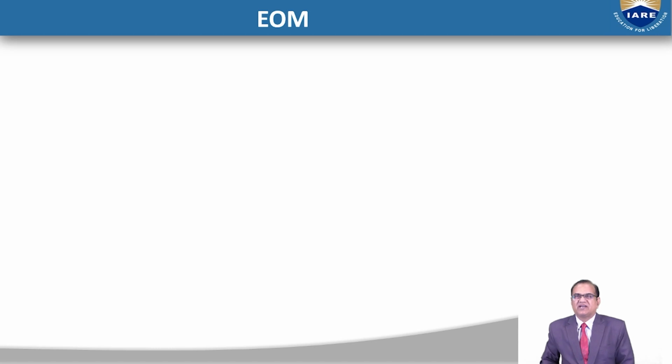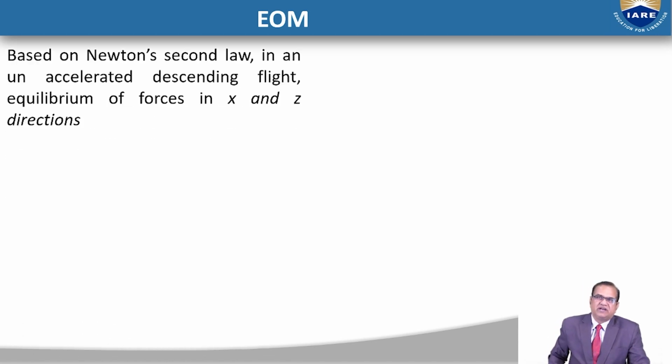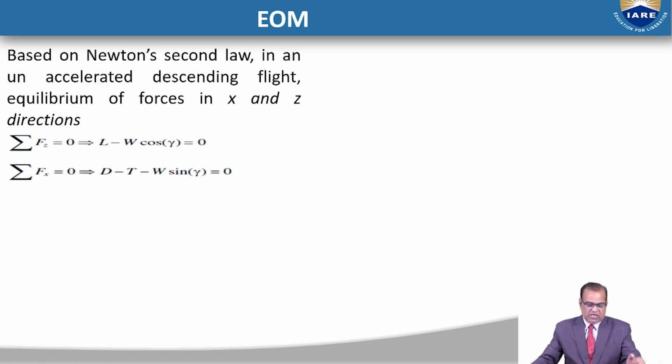Now we will see the equation of motion for this descent flight. Based on Newton's second law, in an unaccelerated descending flight, the equilibrium of forces in the x and z directions is this. We can see that Fz is equal to 0, and this is L minus W cos gamma.